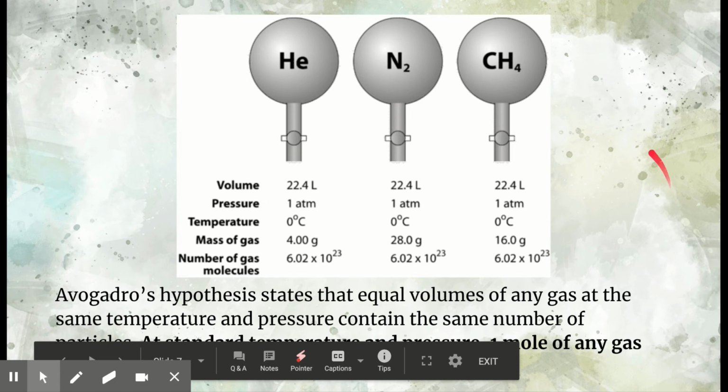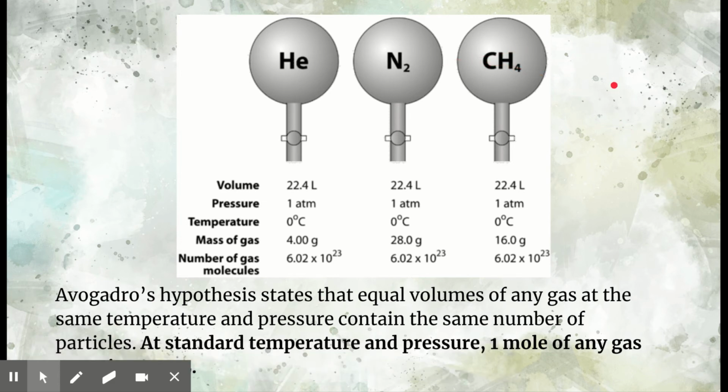So, kind of giving you another visual. If we think about helium, nitrogen, and methane as 3 examples of gases, in exactly 22.4 liters for each of them at a pressure of 1 atmosphere and a temperature of 0 degrees Celsius, each of these samples would have a different mass.